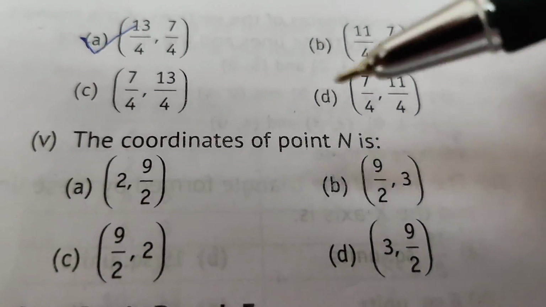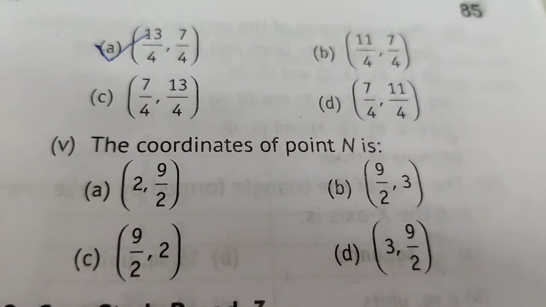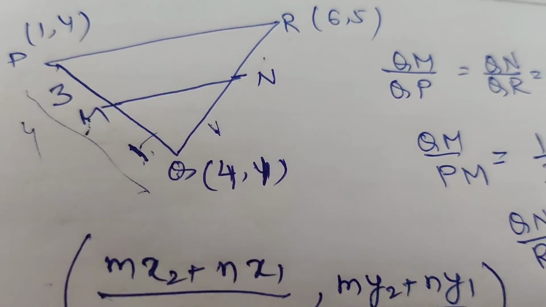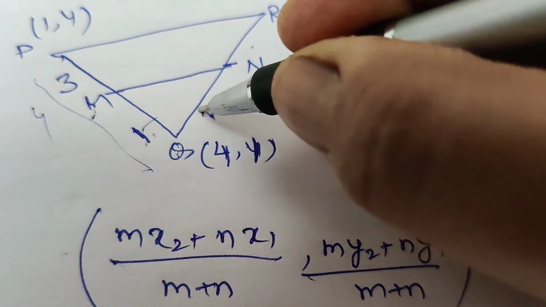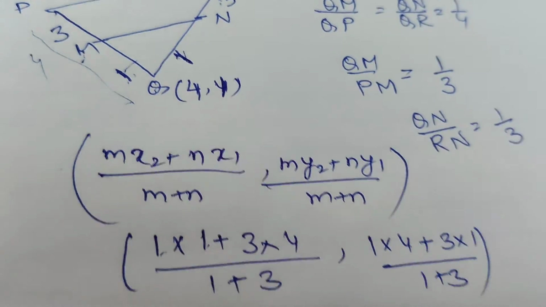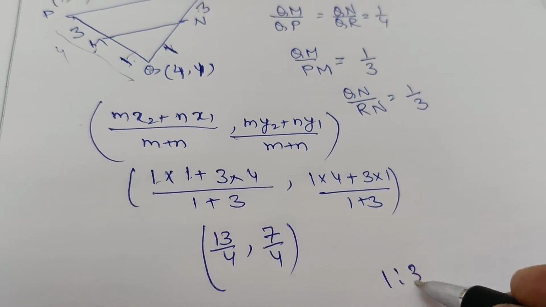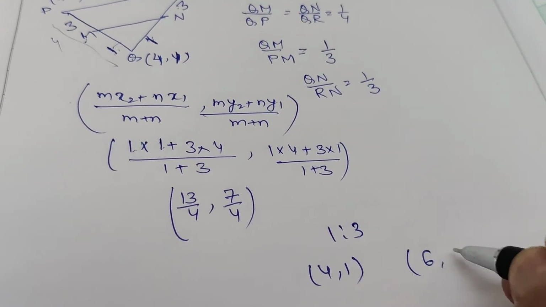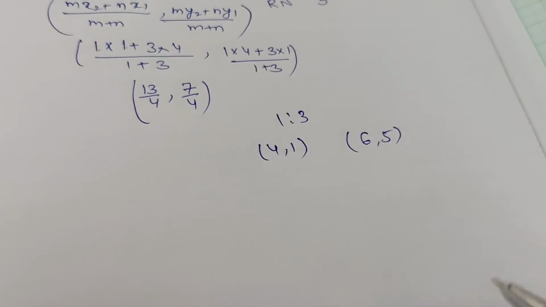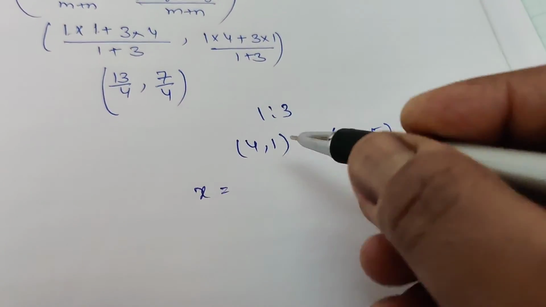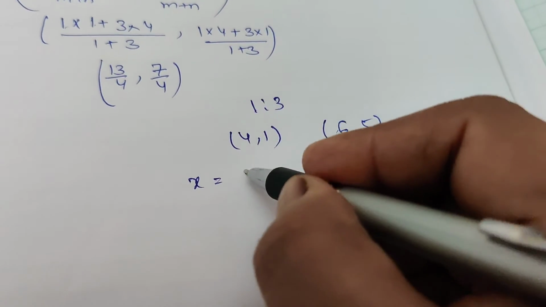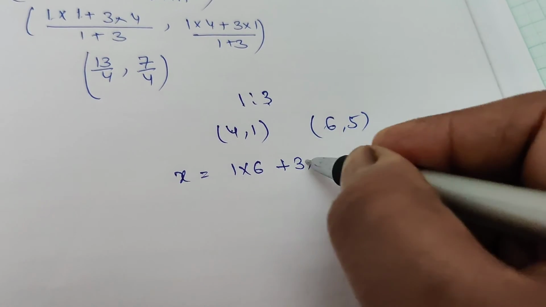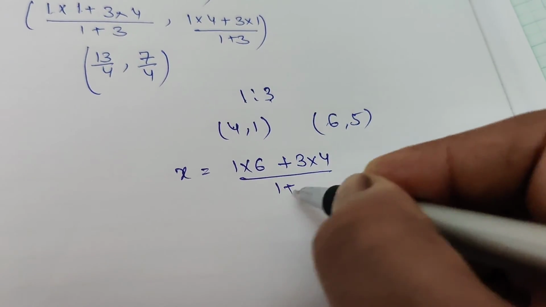And last, the coordinates of point N. This is the same formula used in this. The coordinates of N, similarly the ratio is 1:3, and the points are 4, 1 and 6, 5. Now x equal to m1 x2 plus m2 x1, that is 1 into 6 plus 3 into 4 by 1 plus 3.